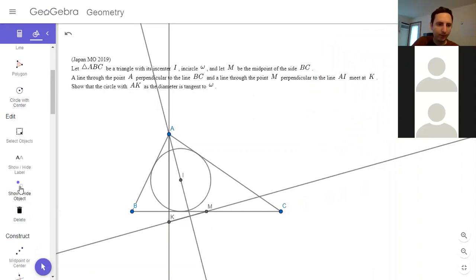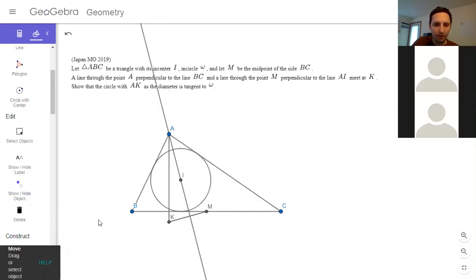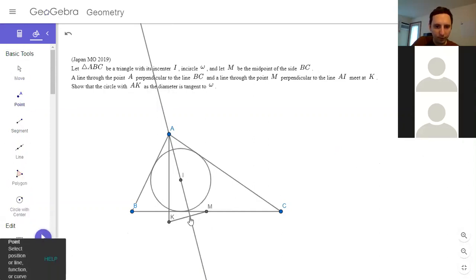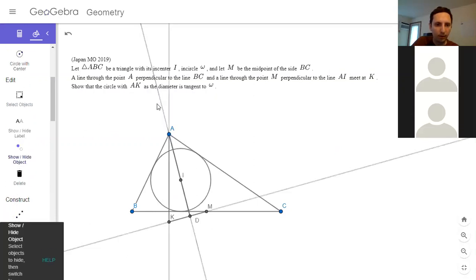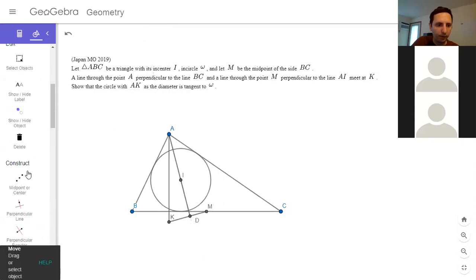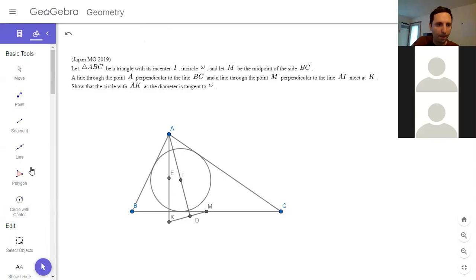The diagram looks simple enough that it's probably not that hard, but let me draw that. There we go. And they're saying that this circle should be tangent to the incircle.